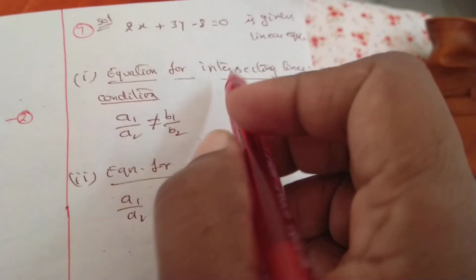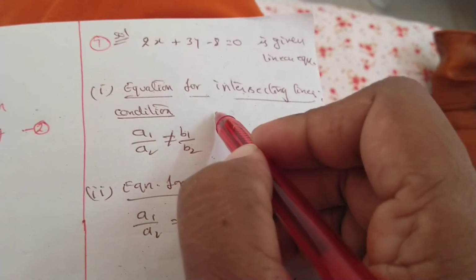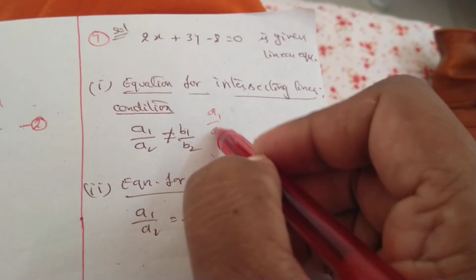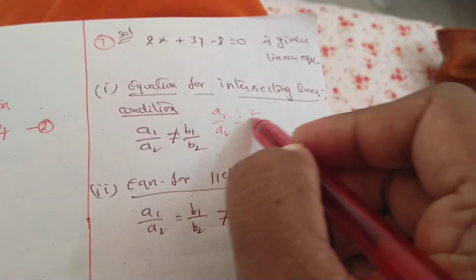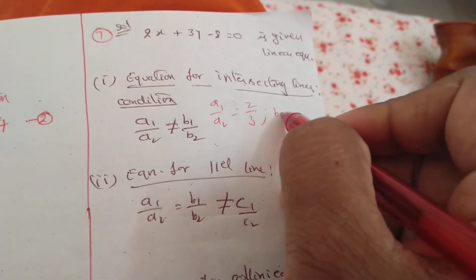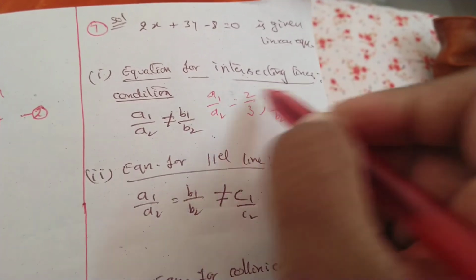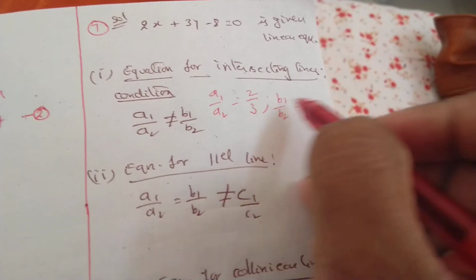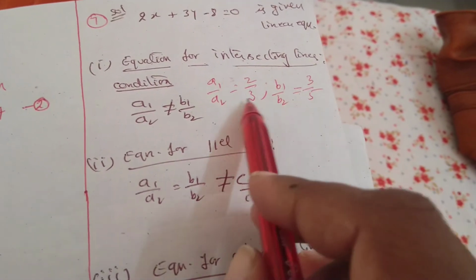So randomly we will pick up the equation. Suppose I take A1 by A2 equal to 2 by 3, and then my B1 by B2 should not be equal to 2 by 3 at any cost. So I can write it as 3 by 5. These two are not equal, yes or no?